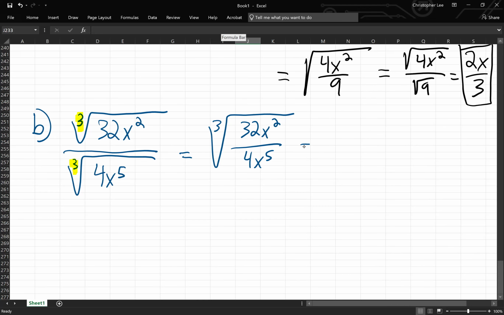So this is going to be the cube root of, what's 32 divided by 4? Is it 8? Yeah, it is 8. Now what about the variable? I have x squared over x to the fifth. It's going to become x to the... give me a better answer. 3 is good, but give me a better answer.